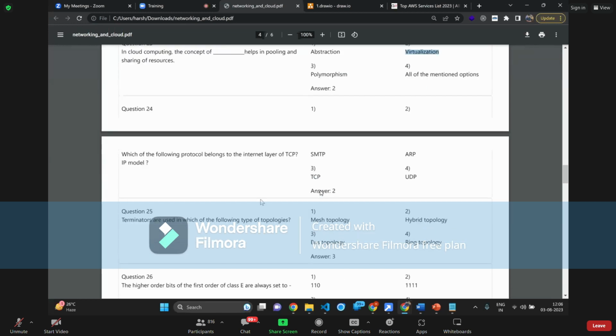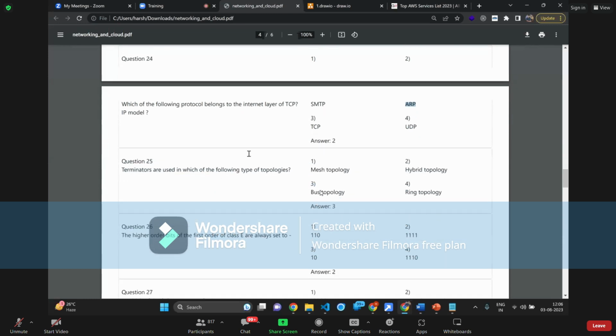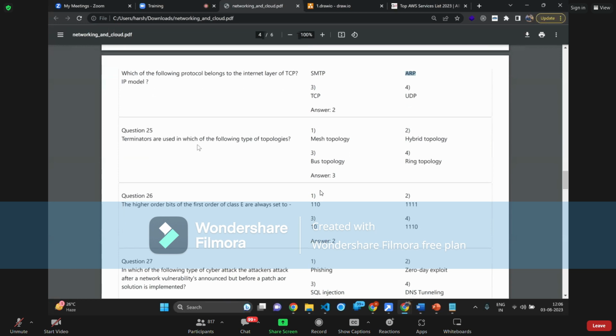Right. Now, same question. Which protocol belongs to the internet layer? SMTP belongs to the application layer, TCP belongs to the transport layer, UDP belongs to the transport layer, and the only thing pending is ARP. So ARP belongs to the internet layer. As we said, terminators are used in bus topology.